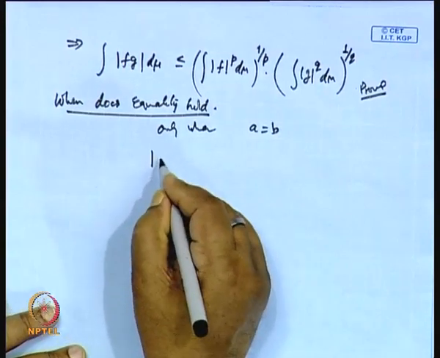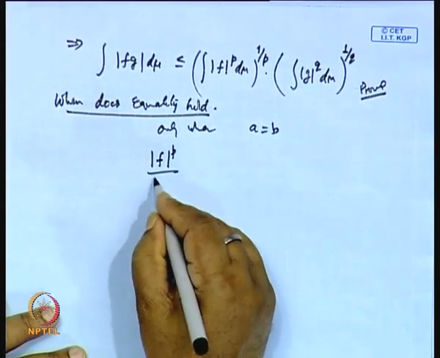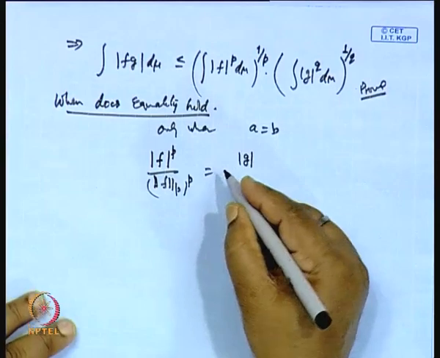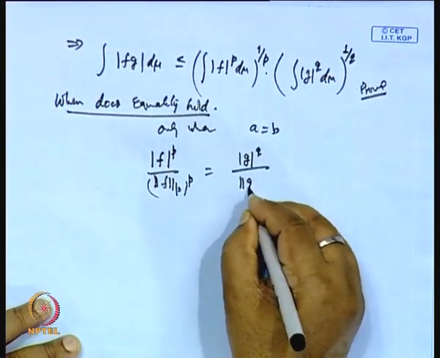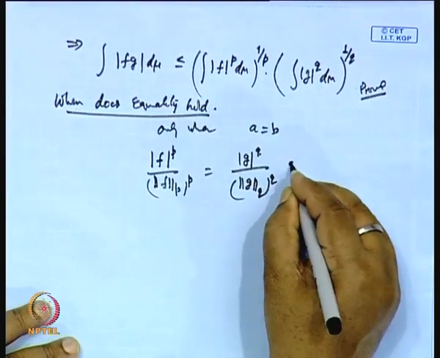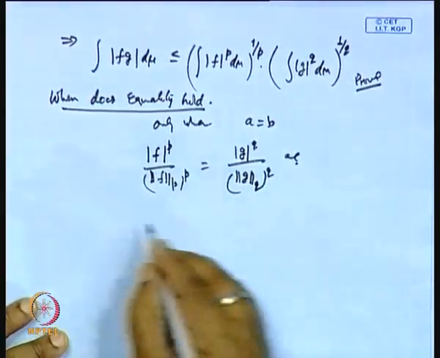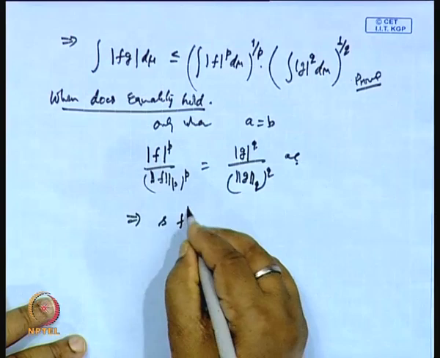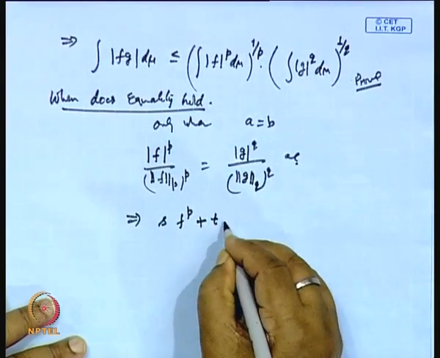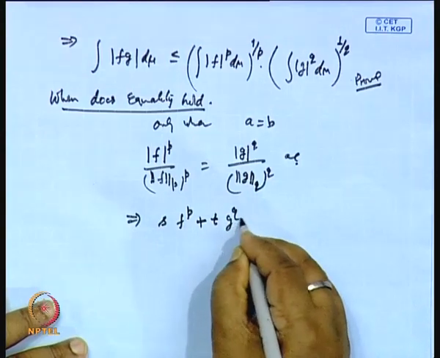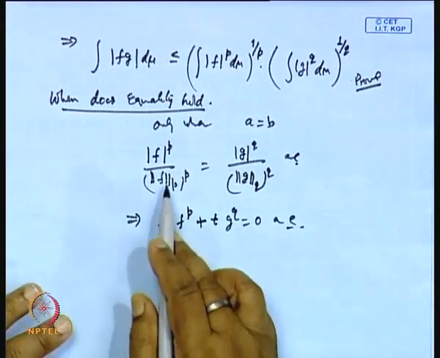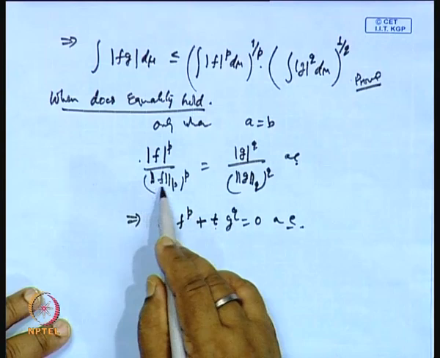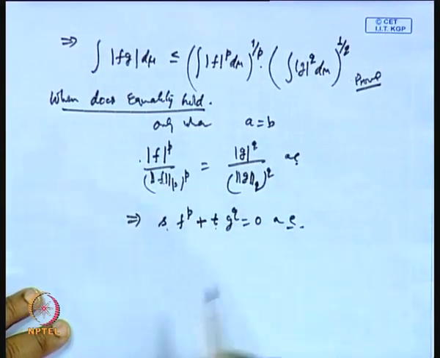So, A means mod f to the power p by norm of f suffix p power p equal to mod g power q divided by norm of g suffix q power q almost everywhere, and that will give you the condition that some constant times mod f to the power p plus a constant times mod g to the power q equals 0 almost everywhere, because you just take this constant, divide, multiply, so it becomes s, and this becomes t, minus of this, equal to 0 almost everywhere.